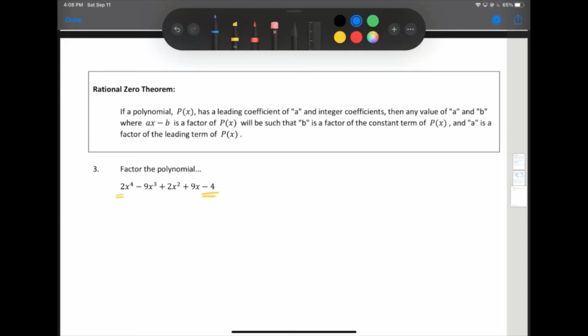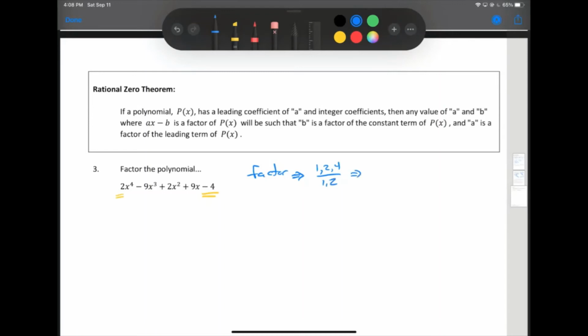And I'm going to say any factor that we have should be a factor of 4, or minus 4, over a factor of 2. So that could be, just draw an arrow, because this isn't really equal to anything. It's just possible numbers to look at. On the top, I can try 1, and I will just remember in my head that it's plus or minus, 1, 2, or 4, and on the bottom 1 or 2.